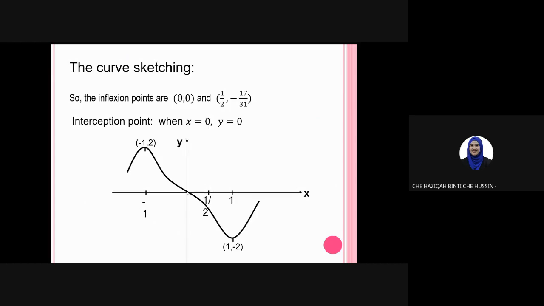When x equal to 1/2 here, and then y is negative 17/32. This one 0, 0.